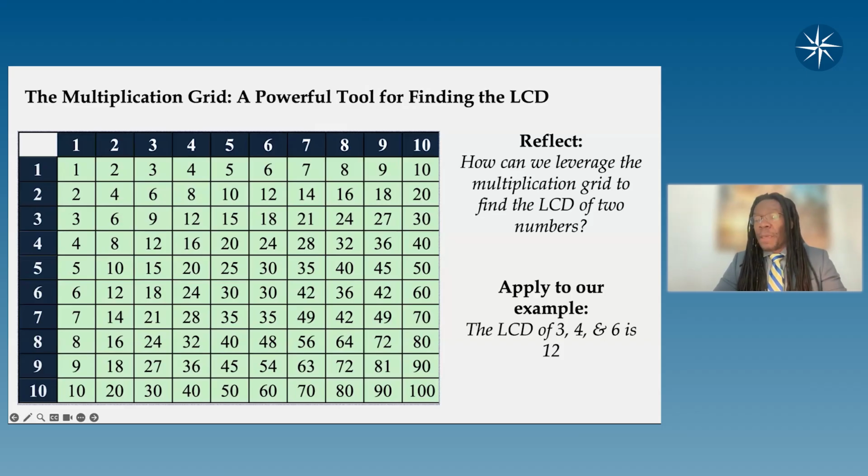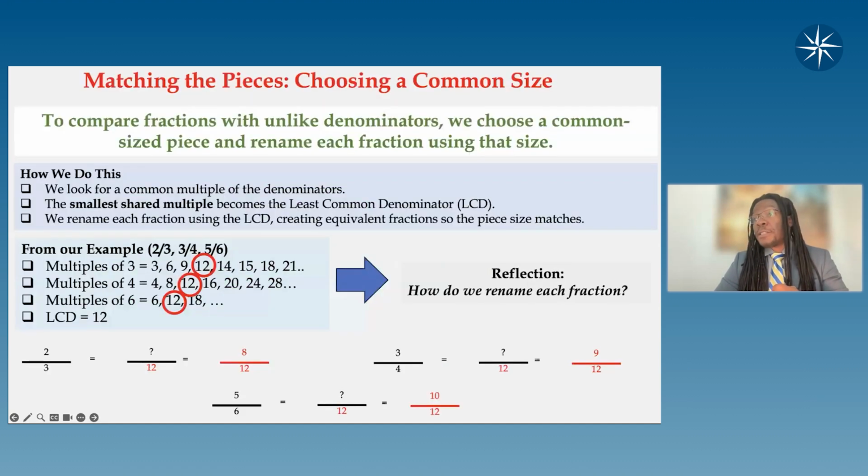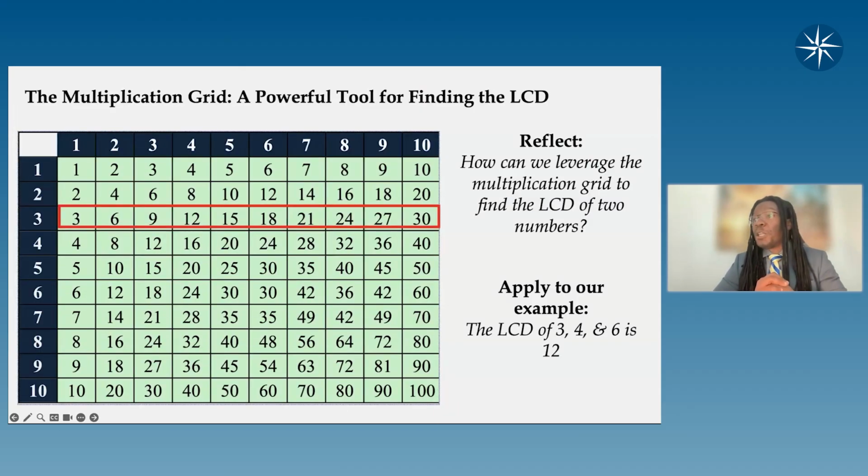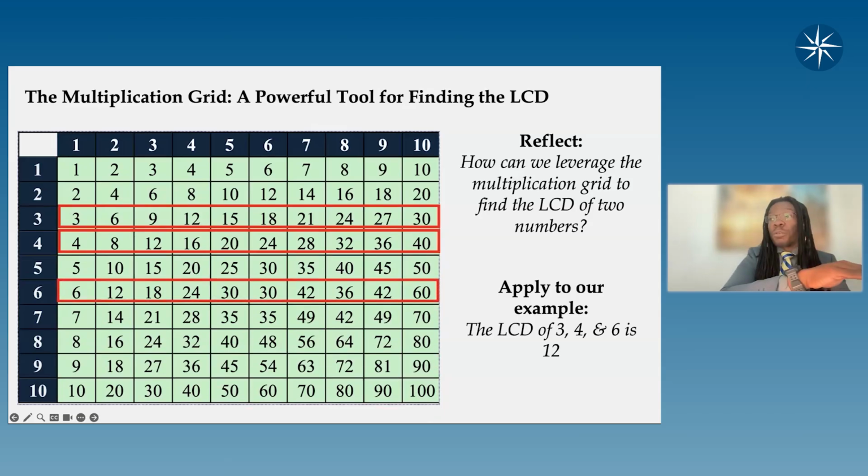I stayed at 10 because here we have 3. We remember the numbers that we have were, let's go back, 2/3, 3/4, and 5/6. So we will need multiples of 3, multiples of 4, and multiples of 6. So the 3 lane will give you all the multiples of 3. It's instead of them writing them out. 4 gives them all the multiples of 4. 6 gives them the multiples of 6.